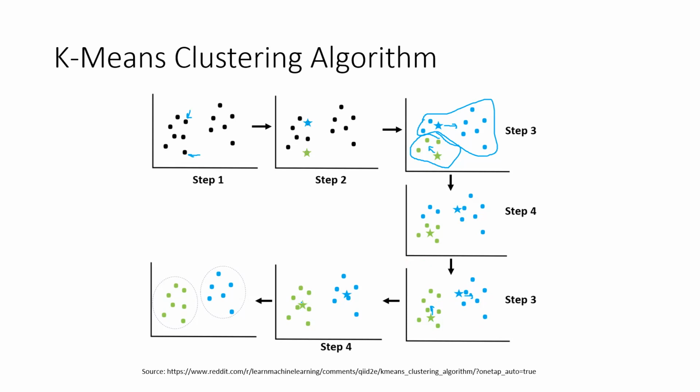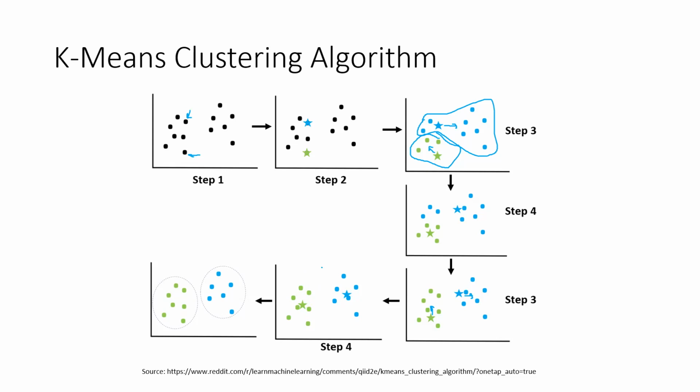And now we again try to assign the data points to these two centroids. You will find that all these green data points are allocated to this green star, and all these blue data points get assigned back to the blue star. So now data points have not changed their centroid.